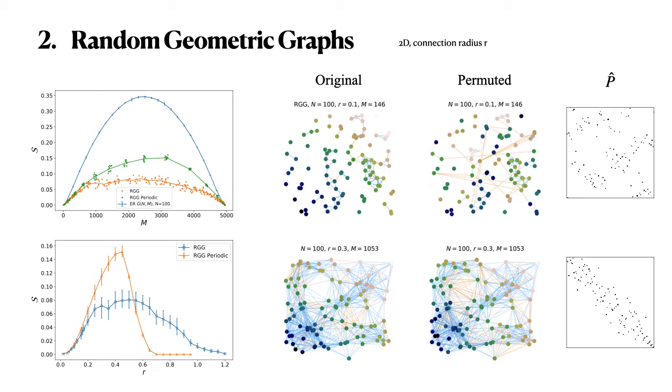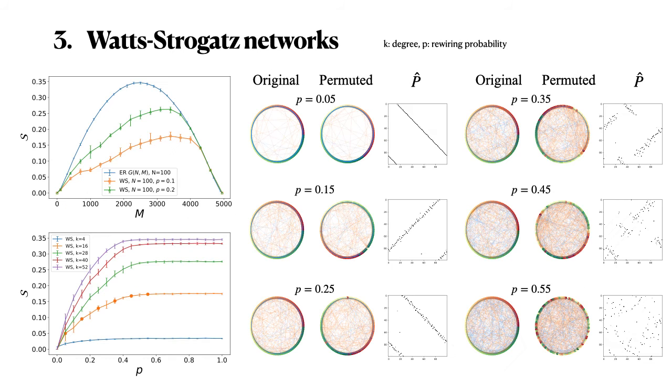This can also be observed by looking at the node colors in the permuted network. As you can see, the node colors are not that different from the original node colors, which means that only local permutations are made.